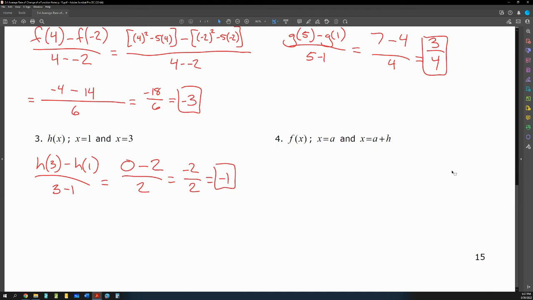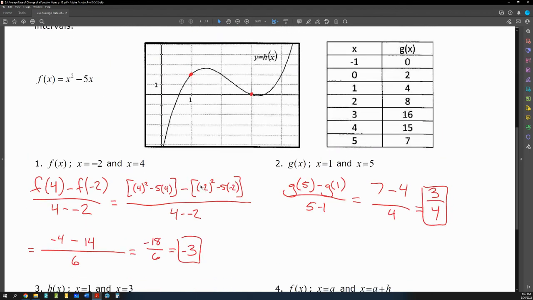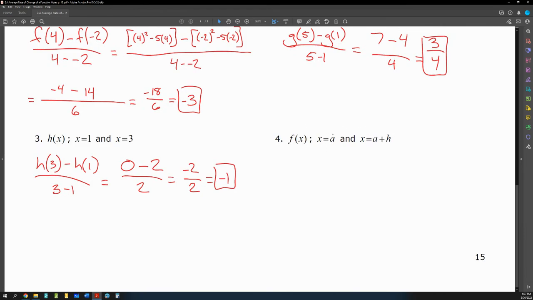And last but not least, we have back to f of x, which as a reminder is x squared minus 5x. But now we're going to plug in over the interval a to a plus h. And so we're just generalizing this now. So if we plug this in, using our formula, we have f of a plus h minus f of a, and that's all over the quantity a plus h minus a.